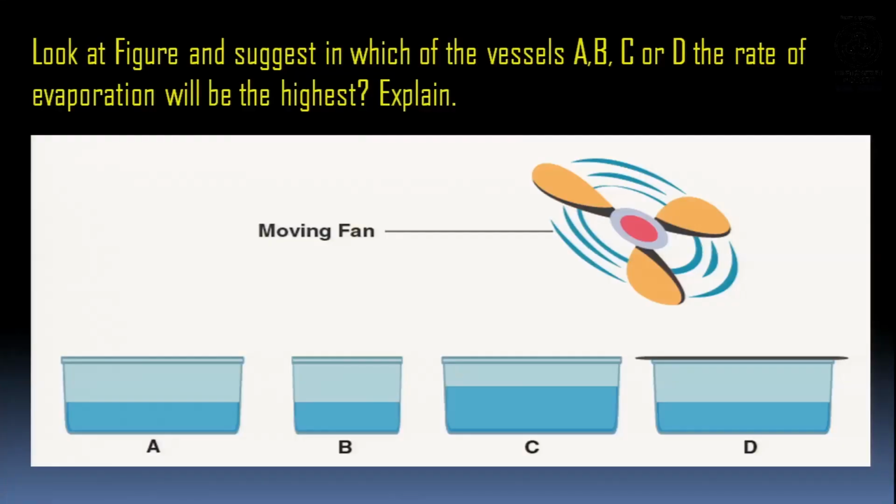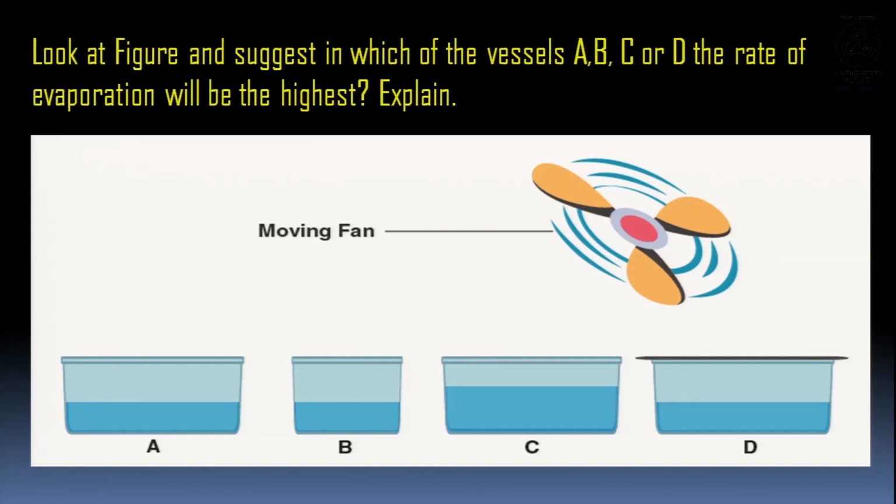One more interesting question, children. Just look at your screen. You have 4 containers, okay? A, B, C, D. In which of these 4 containers evaporation is highest? Make a guess. It seems D has got more surface area, is not it? You think D?